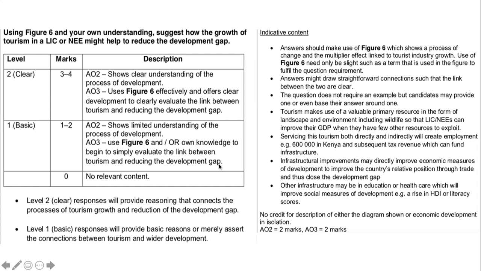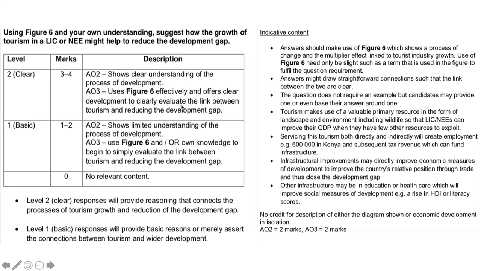So how can tourist revenue reduce the development gap? To get the second mark, you have to use Figure 6 effectively. So you have to use it rather than just mentioning it. You have to use it to really support your statement.